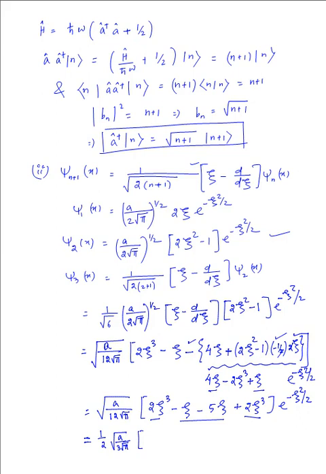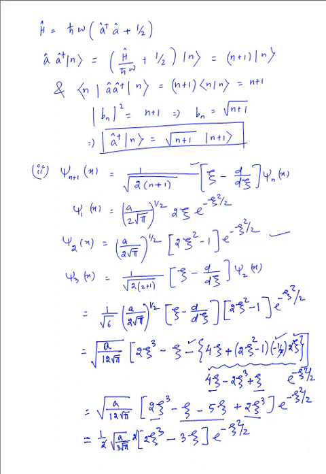So instead of 4 xi cube we can take the 2 out, so we have simply 2 xi cube minus, instead of 6 xi we can take a 2 factor out of it, so this is 3 xi, e to the xi squared over 2, and the 2 that has been taken out cancels out with the 2 outside.